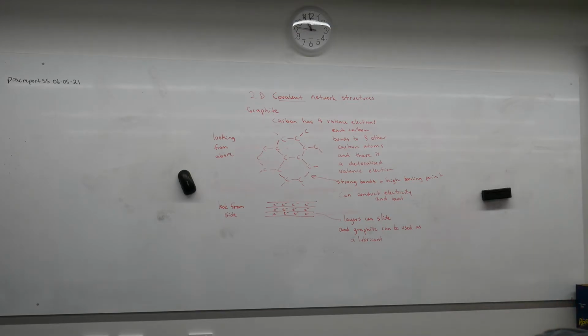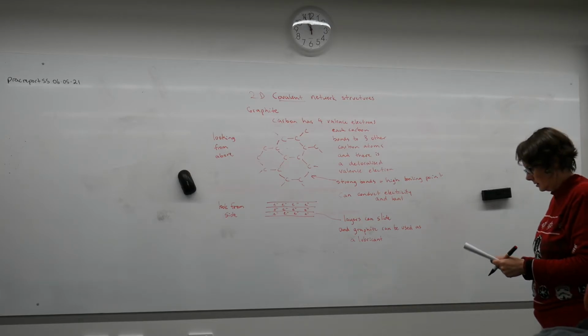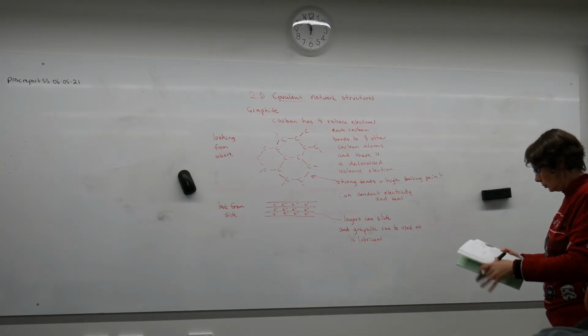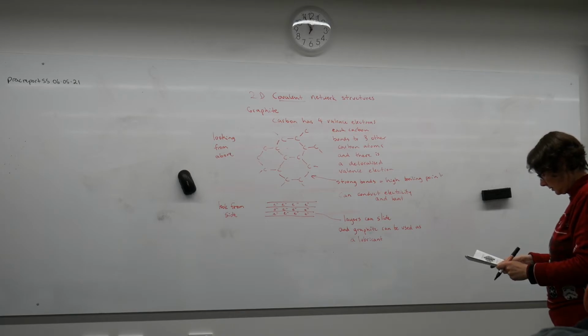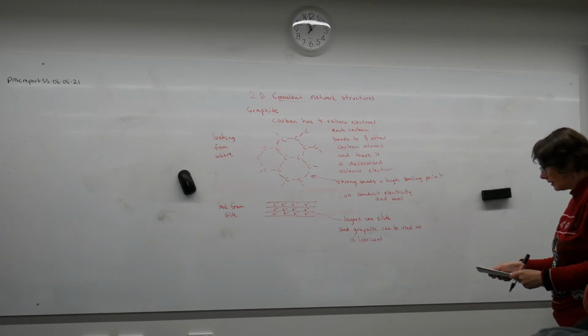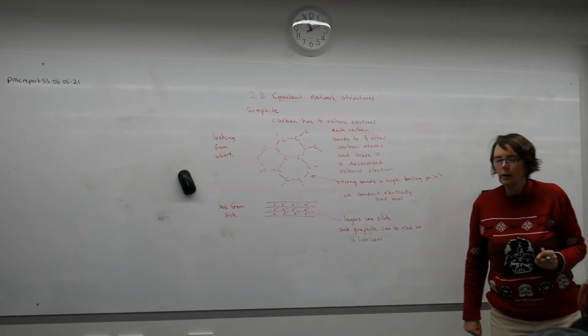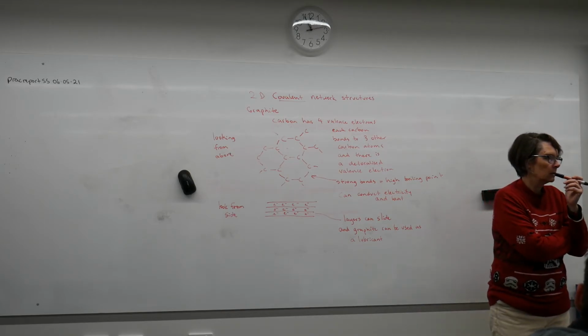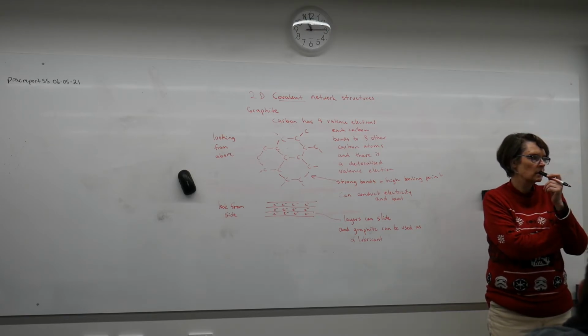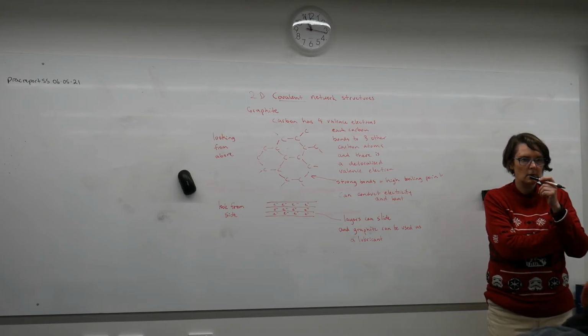What else do we want to say about it? Forgotten something? There's one other property that we haven't talked about. What do you think graphite is going to look like? Wouldn't it be kind of flaky?